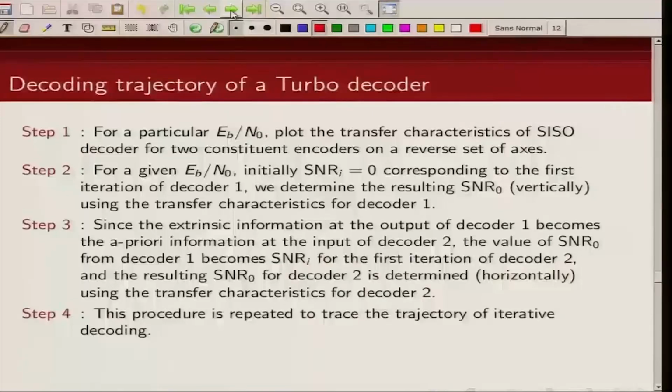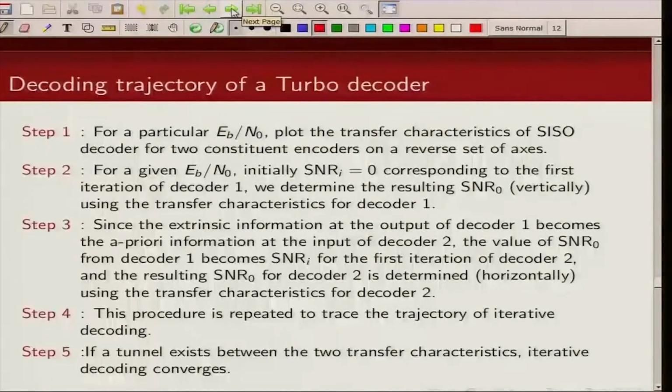Now we look at the transfer characteristics of decoder 2, go horizontally, and find the point corresponding to that a priori SNR. What is the output SNR? This process we repeat to draw the decoding trajectory of the turbo decoder.